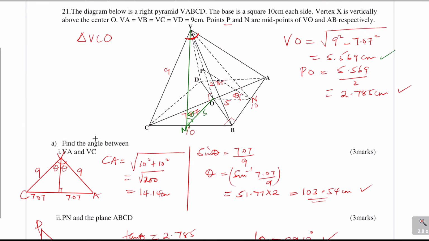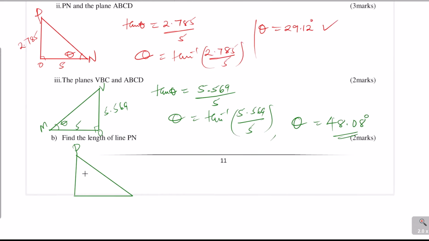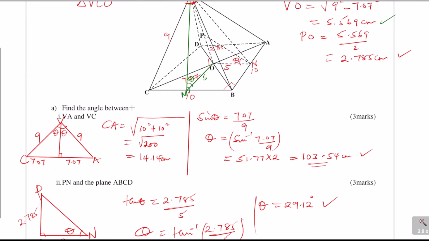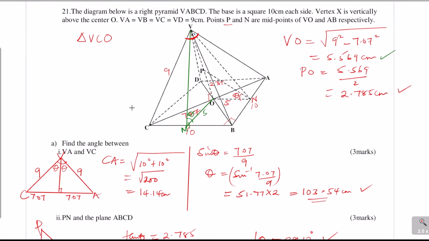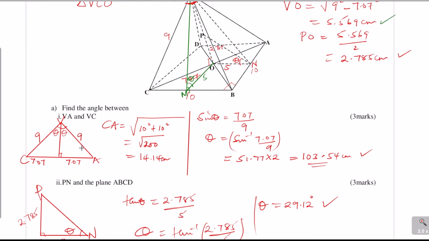P is here, then O is here, and then N is here. So it is 90 degrees at that point. So this is PO. We got PO as 2.785. And then we have ON, ON as 5.